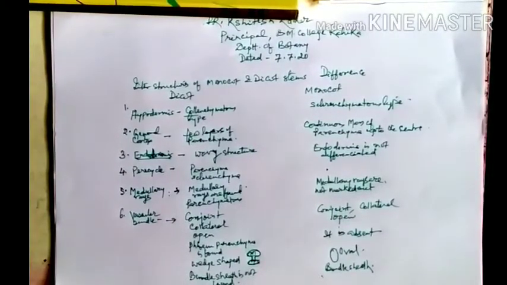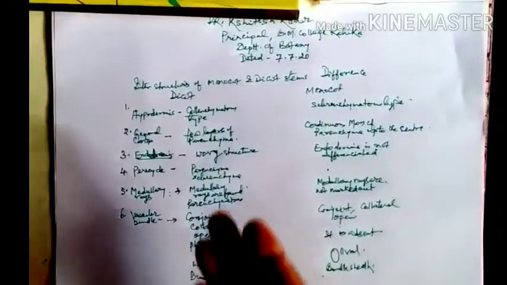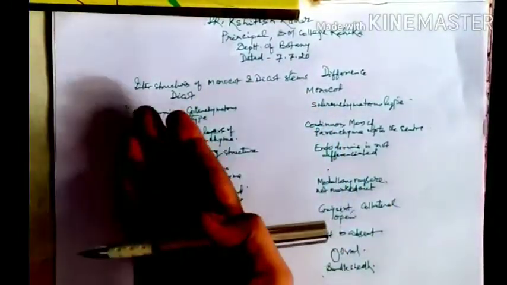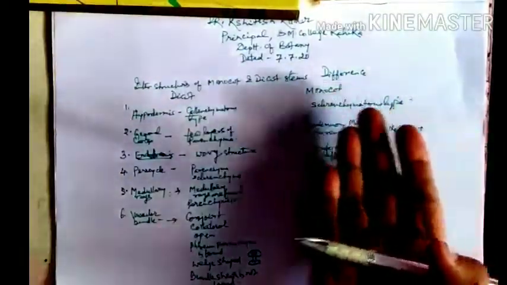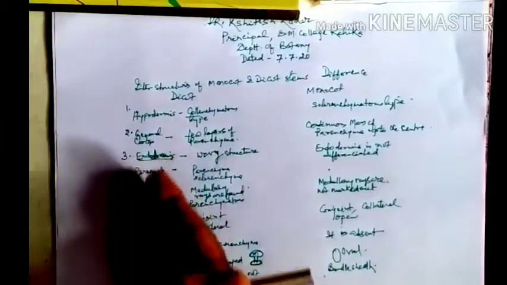Sometimes the question may be asked: what are the differences between the dicot and monocot stem? Then you have to answer like this, by putting columns, one side the dicot, the other side the monocot, with the different characters.